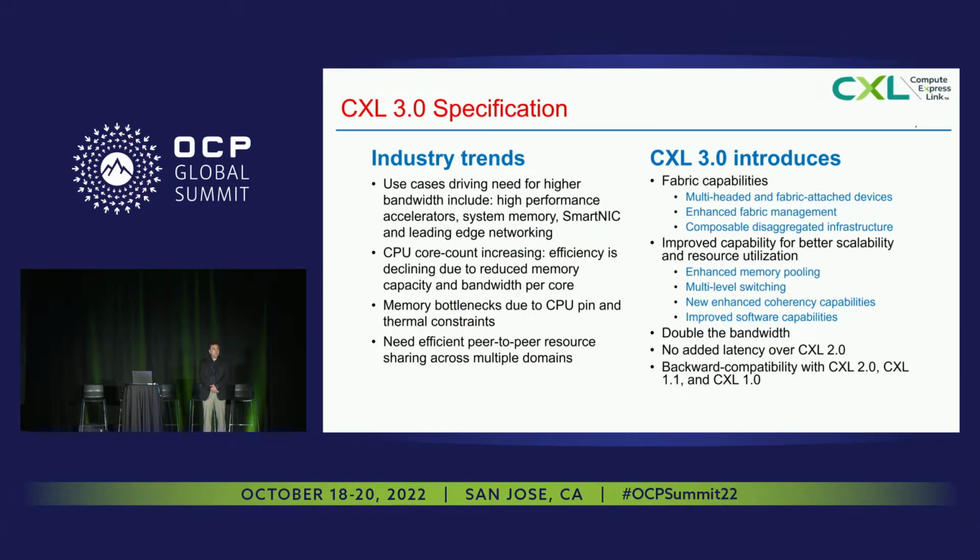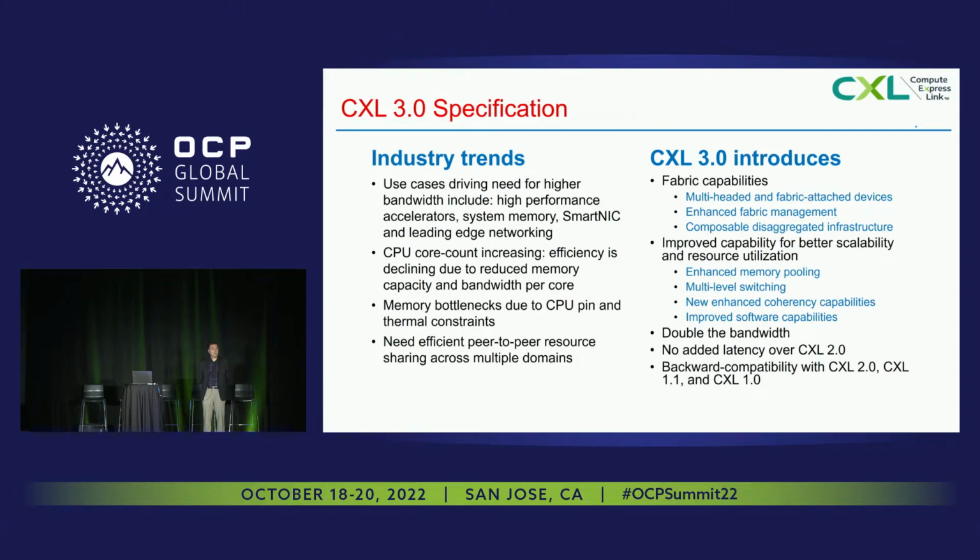What CXL 3.0 has added to enable a better interconnect includes capabilities for devices to be multi-ported so they can be connected to multiple hosts. The concept of fabric is introduced, and because of that, we have a fabric management concept to decompose systems and compose them back and produce capability for compute disaggregation.